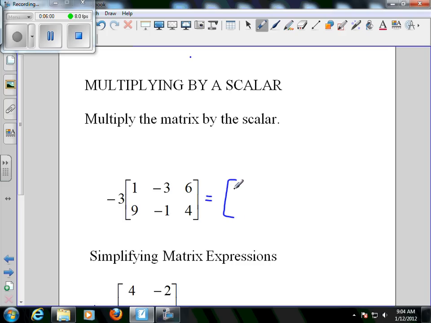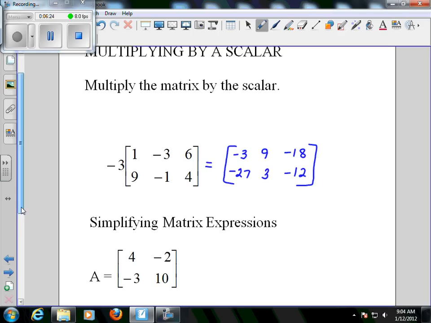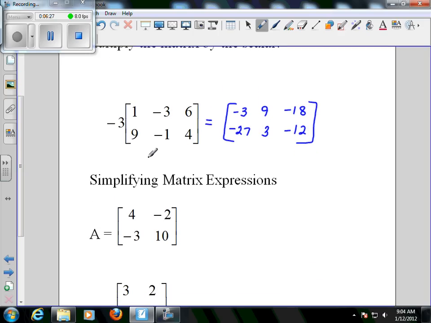So -3 times 1 is -3, -3 times -3 is +9, -3 times 6 is -18, -3 times 9 is -27, -3 times -1 is +3, and -3 times 4 is -12. And so there is your resulting matrix, which again has the same order as the one you had in your original problem.